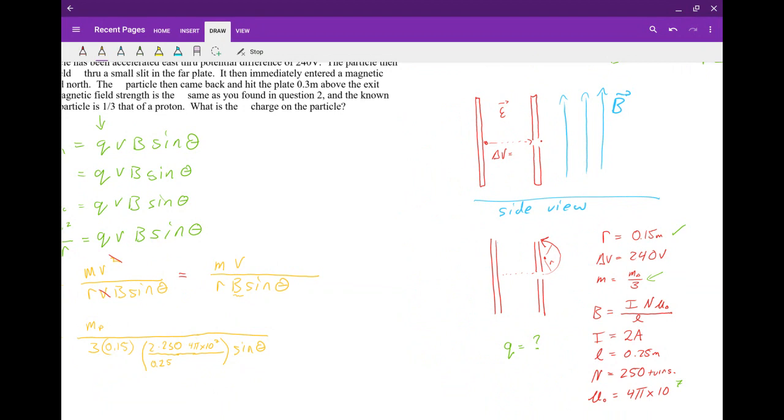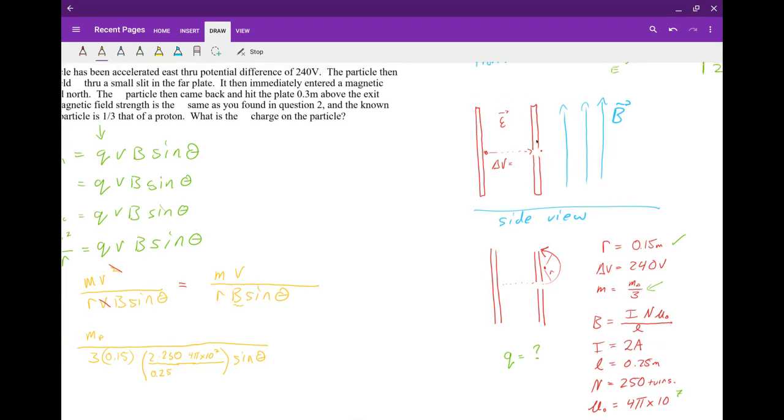So basically, in order to get theta, we remember that that's the angle between the velocity of the particle and the magnetic field, okay? And so we know that our magnetic field is going north, and our curvature path is up like this. And so we're looking at 90 degrees, okay? Let me again just explain that.